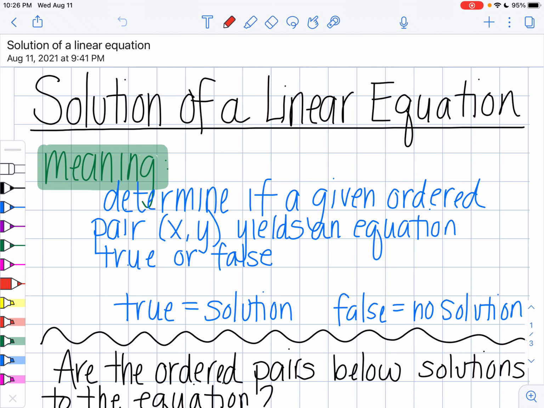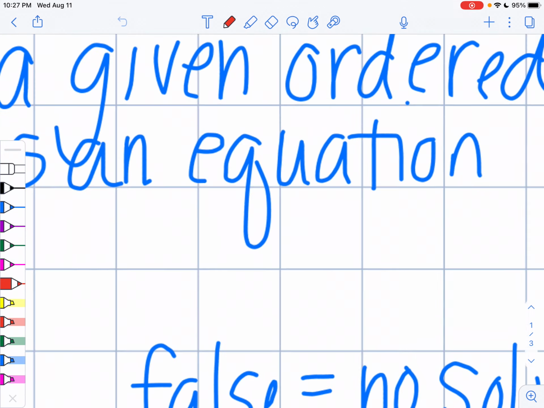So let's talk about what it means to be true and false. If you have a solution, it means that the point that they gave you is in fact on the graph of the line. If it's a false answer, so it's not a solution, it means that it's not on the graph of the line. So I'm going to zoom in really fast and show you what I mean here.